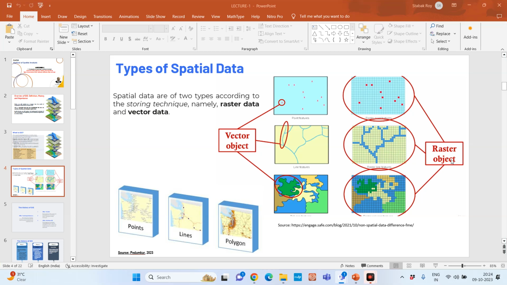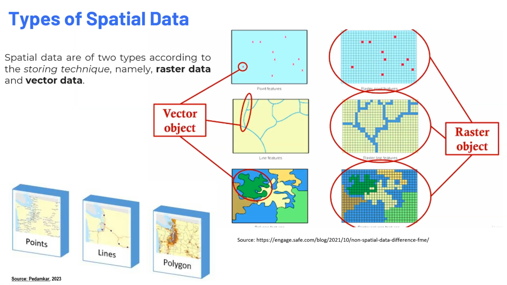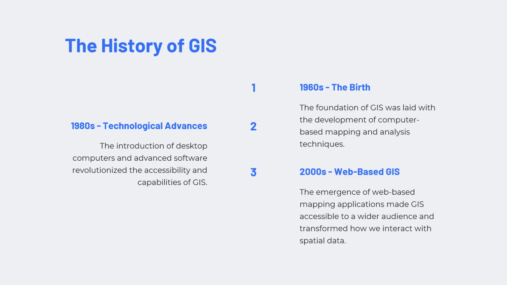And raster data is basically pixel-based data, such as land use, land cover, or digital elevation model, meaning DEM data. Those are raster data. Now the question is how to collect those data and use them. First we come to the basic history, then we go into how to collect the data and how we will analyze it.